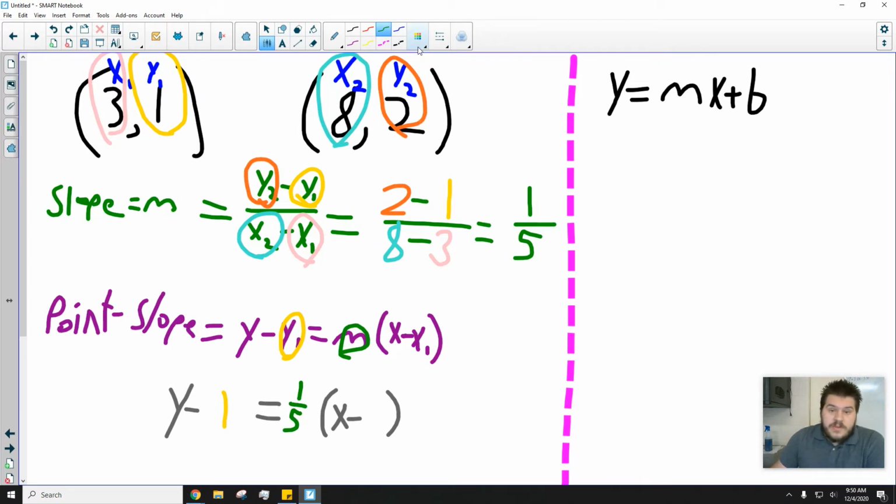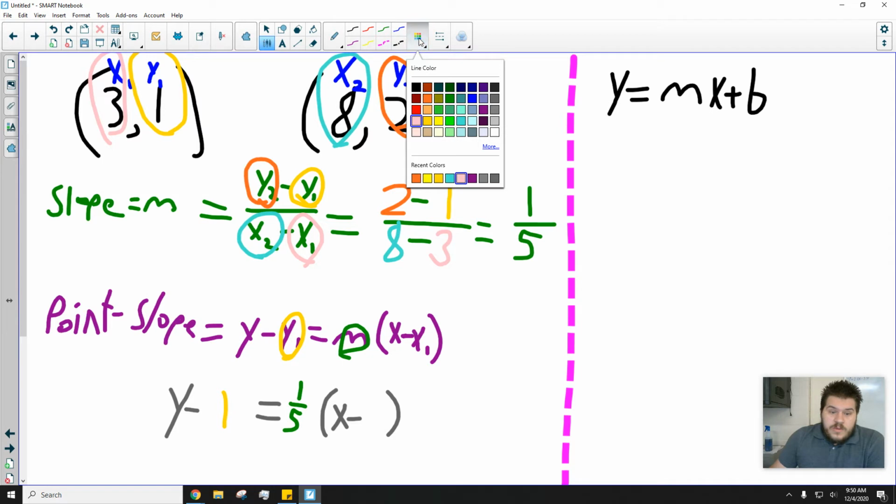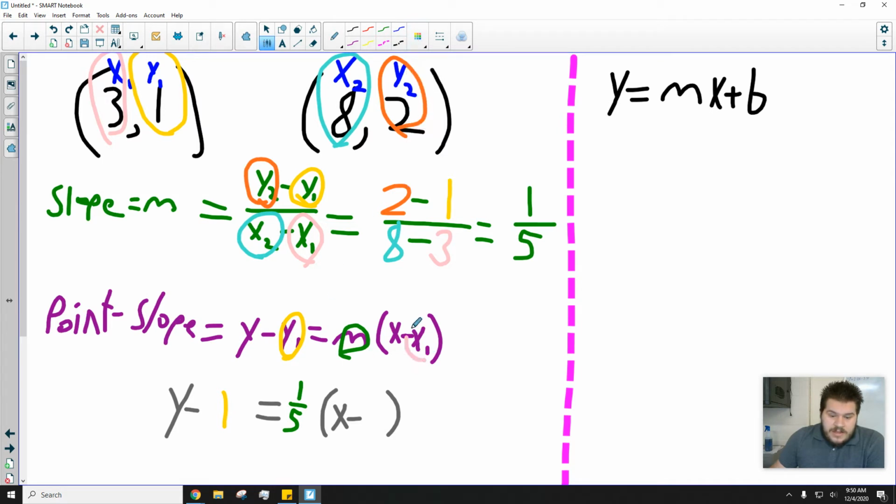So far, so good. Last thing we need is this x1, which, as you know, is 3. And just like that, we went from only having 2 points to knowing what the slope is, to knowing a version of the equation of its line, which is point slope form.